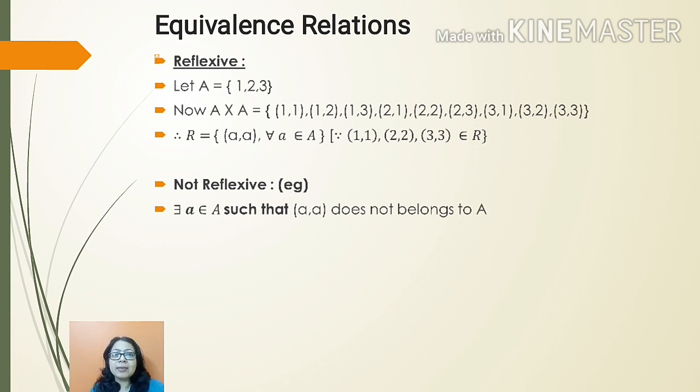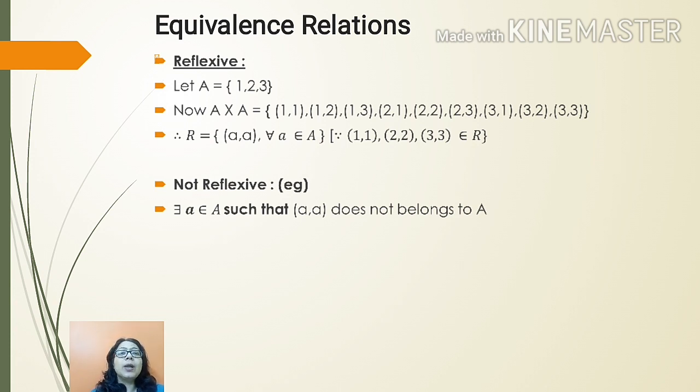For a reflexive relation, I am explaining with one example. A is equal to {1, 2, 3}, one set. Now A cross A, that is the Cartesian product of the set A, we can write as (1,1), (1,2), (1,3), (2,1), (2,2), (2,3), (3,1), (3,2), (3,3).